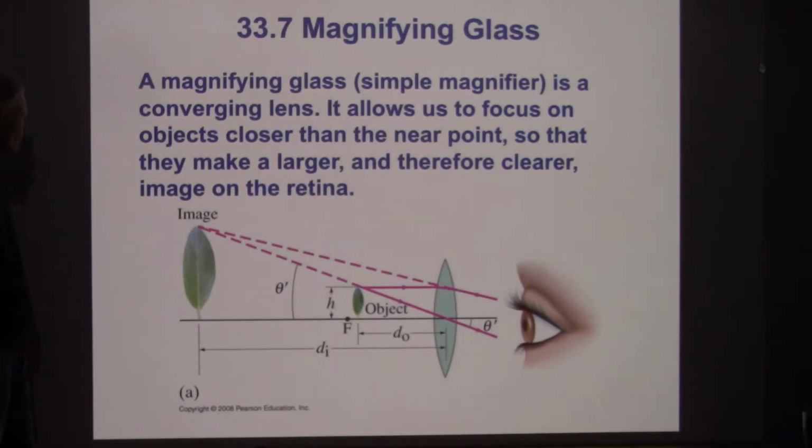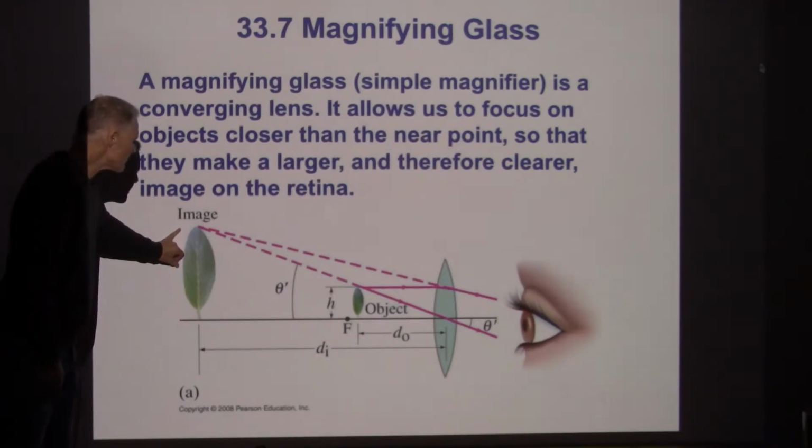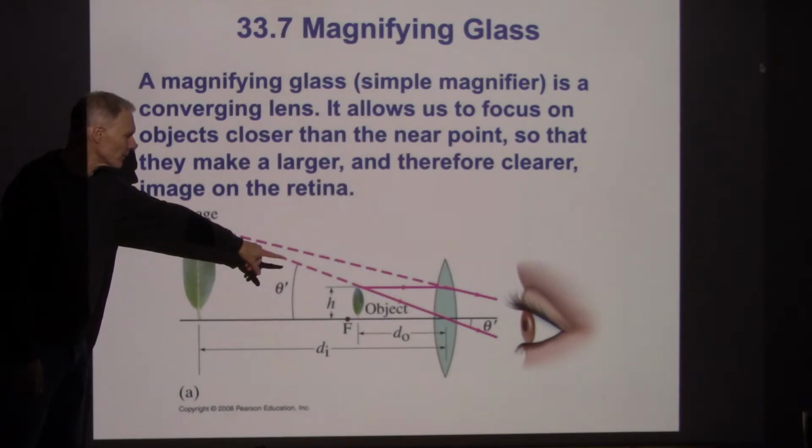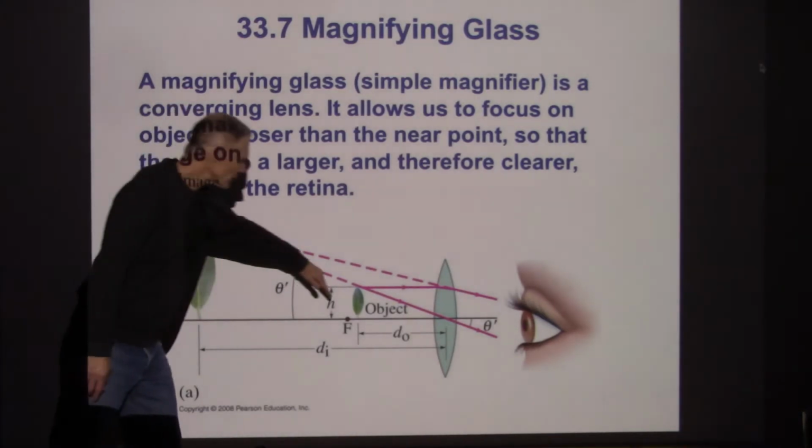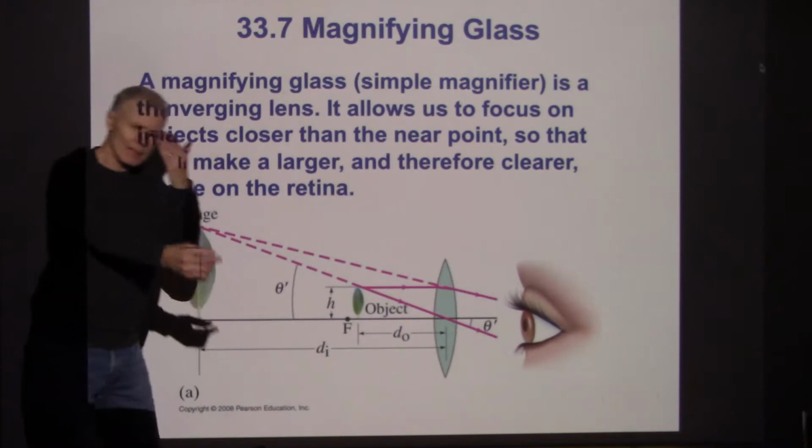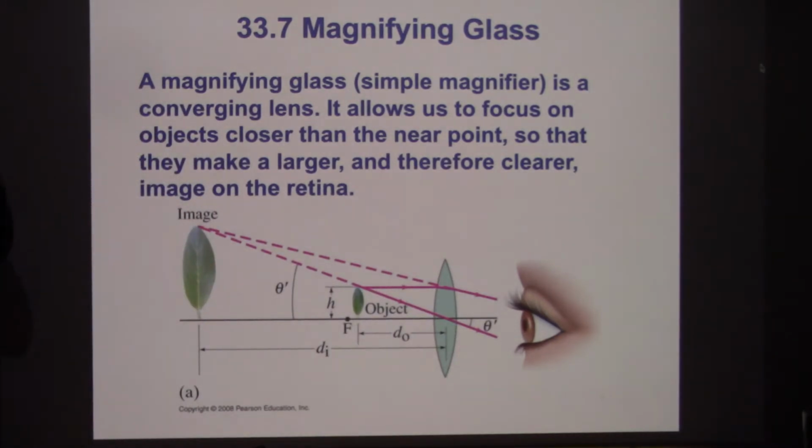And the image is going to be much larger than the object is. Now, I can't focus on the object because I'm bringing it in so close, but I can focus on the image because it's farther away from me. So that image is going to be farther away, and I am going to be able to focus on the image and see a lot more detail.